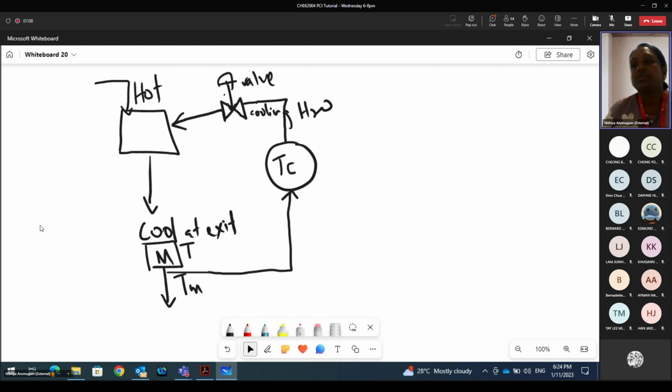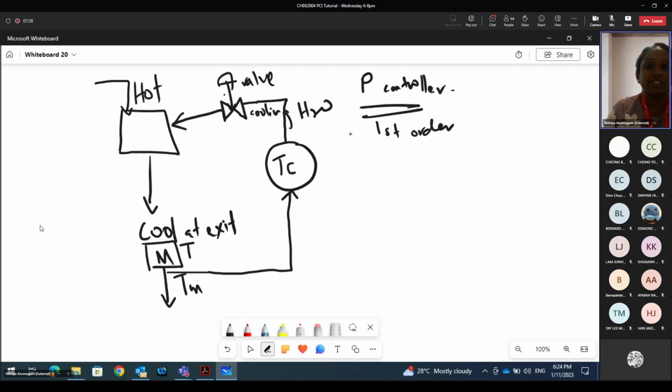Now they ask us to draw a block diagram for this system, and it is already mentioned, it is just the proportional control, so a P controller. So for a proportional control of a heat exchanger, we can write the transfer function for the first order in which the temperature and valve are related.